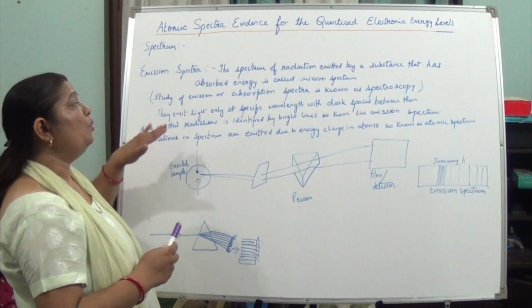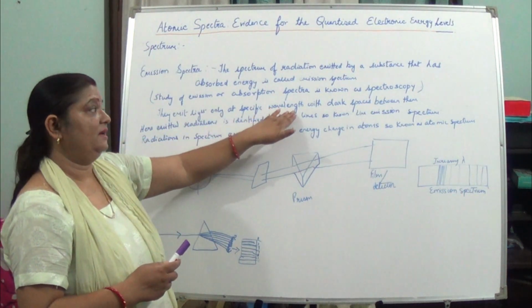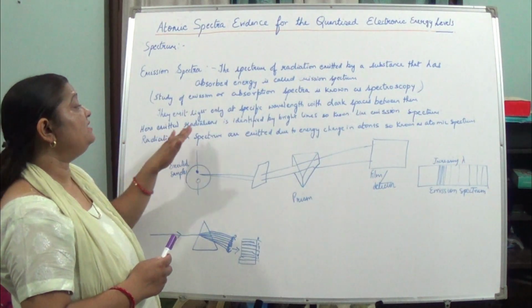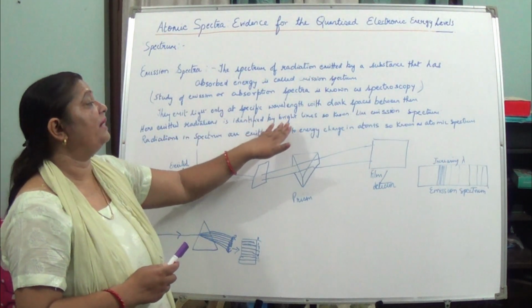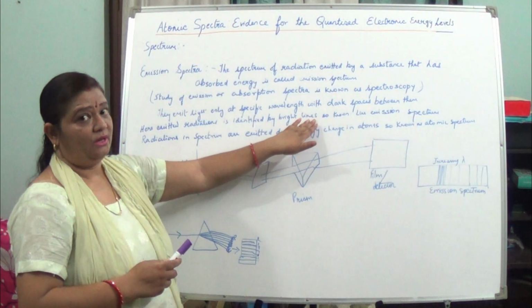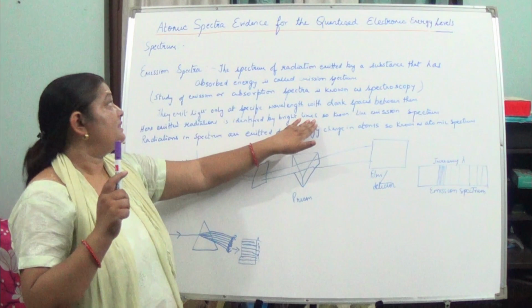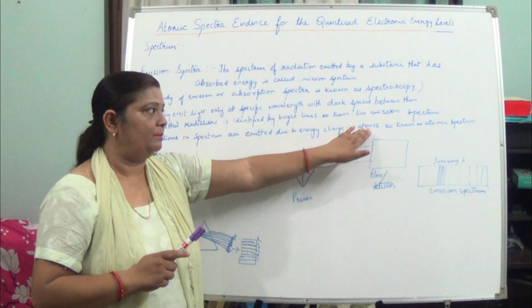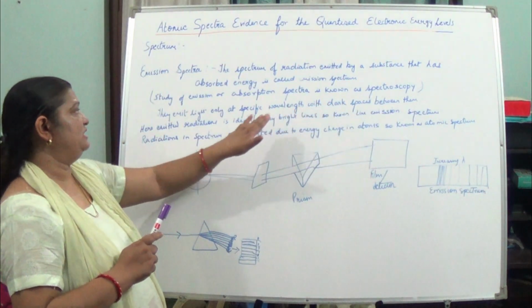Now, next, they emit light only at specific wavelengths with dark spaces between them. Here the emitted radiations are identified by the bright lines, so it is known as line spectrum. So this emission spectrum is also known as line spectrum. Why is it known as line spectrum?